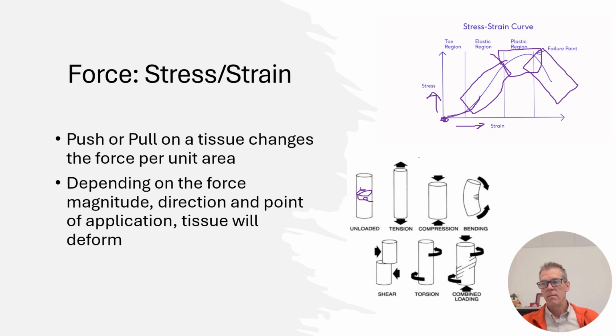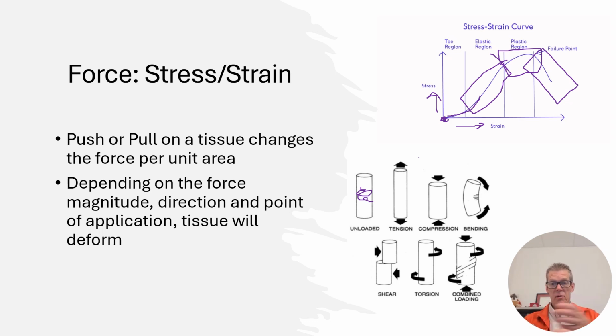So many of you have had ACL injuries or know people who have had ACL injuries or have been in the clinic watching rehab of people with ACL injuries. That's what's happened. That ACL, anterior cruciate ligament, has been stressed and has elongated in a way that overcame its integrity and it ruptured. So you can apply compressive loads to a tissue. You can apply a bending load.